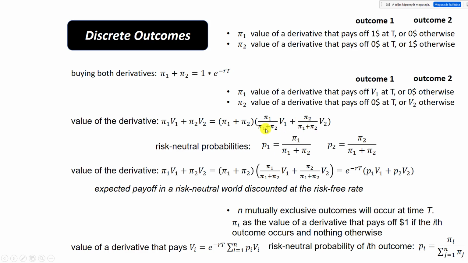And that's why this ratio will represent that I can get this V1 money with P1 probability, and I can get this V2 money with P2 probability. And after that I can add up this thing.